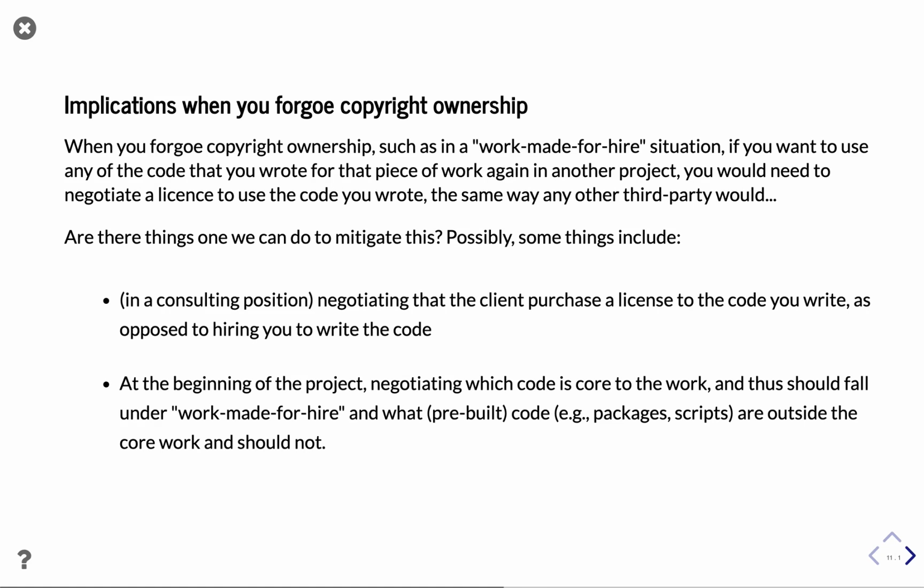And so if you think about this at the outset of the project, you can negotiate an agreement where you can say that this pre-built code is outside of the work that will be copyrighted, and you get a written agreement with the client or the employer about this, and therefore you should be able to reuse such code again in future projects.